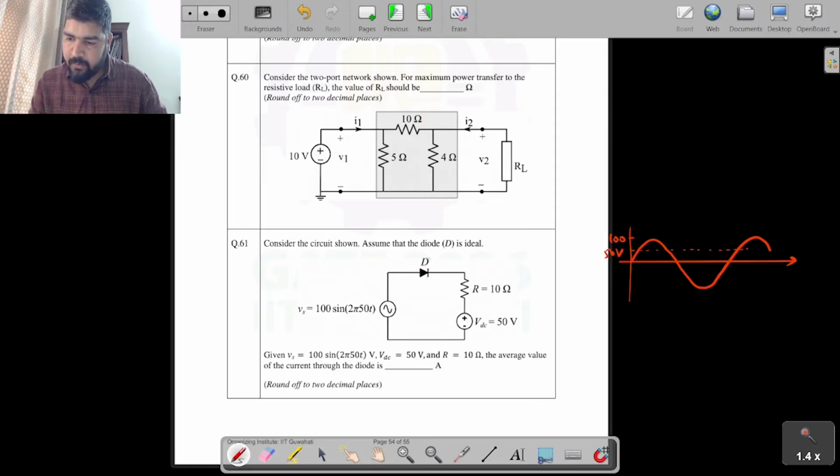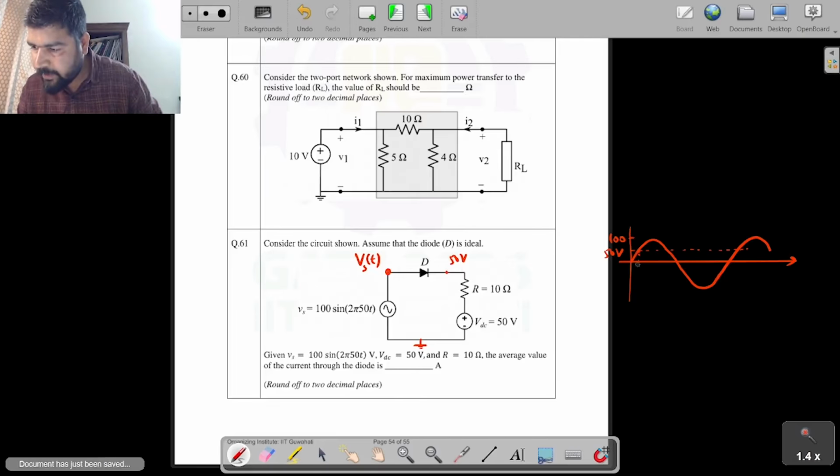Now, the diode starts conducting when, if I assume this as ground, then this side will become Vs, and let's assume that initially there was no current, the diode was open, so this is Vs and this will be 50 volt. There will be no drop in this resistance because no current is flowing. This 50 volt will appear here. So whenever this Vs is greater than 50, the diode will conduct. It means the diode starts conducting at this instant, and it will conduct up to this instant.